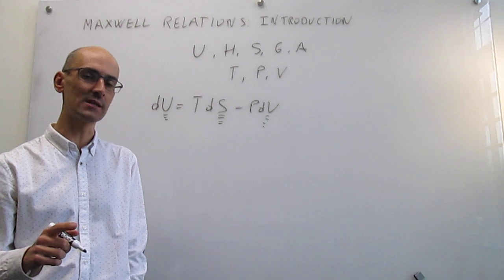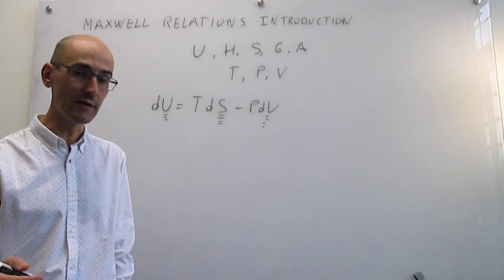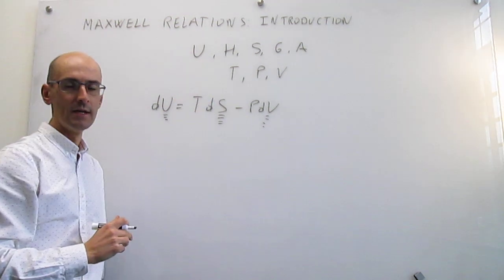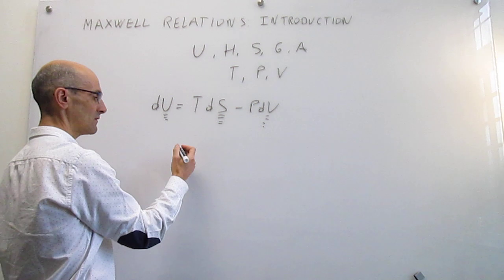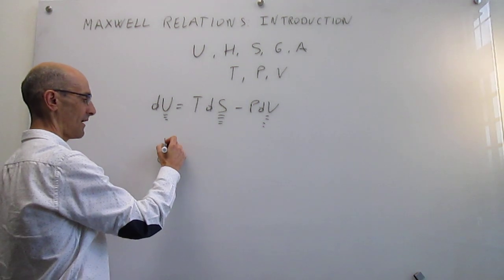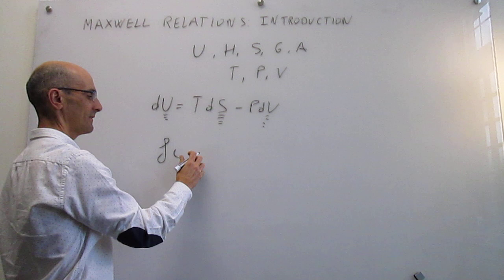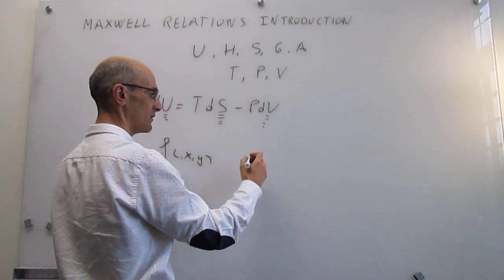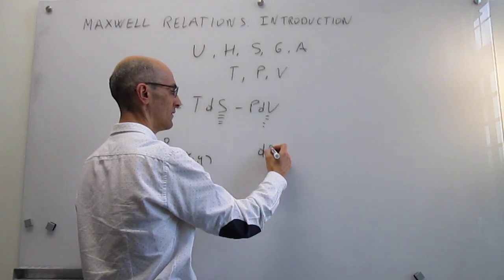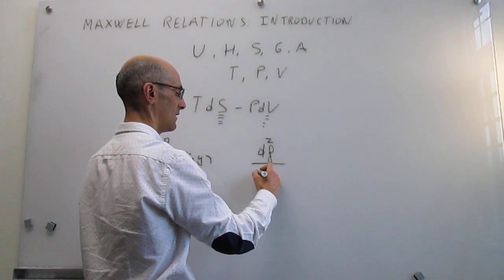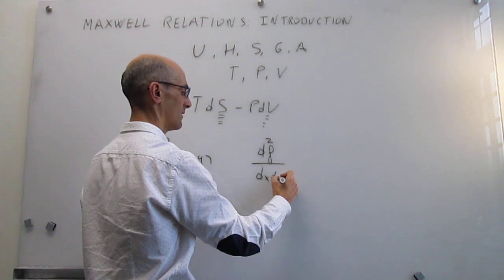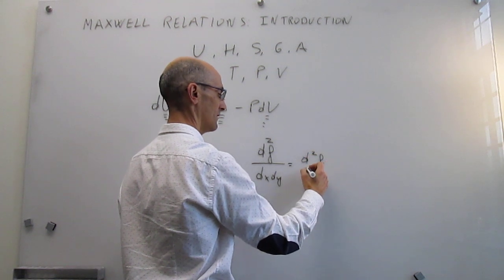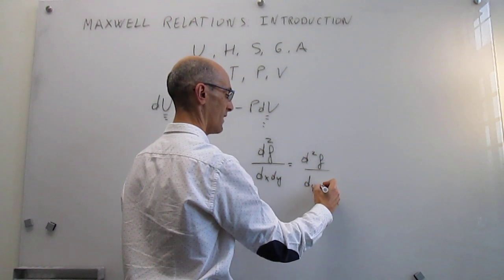The Maxwell relations exploit another fact of a state function. Okay, so we know that the state functions are called exact differentials, and the definition of an exact differential for a function f that has natural variables x and y, for this function to have an exact differential, what happens is that the second derivative of that function with respect to the variables x and y does not depend on the order of the differentiation, y and x.